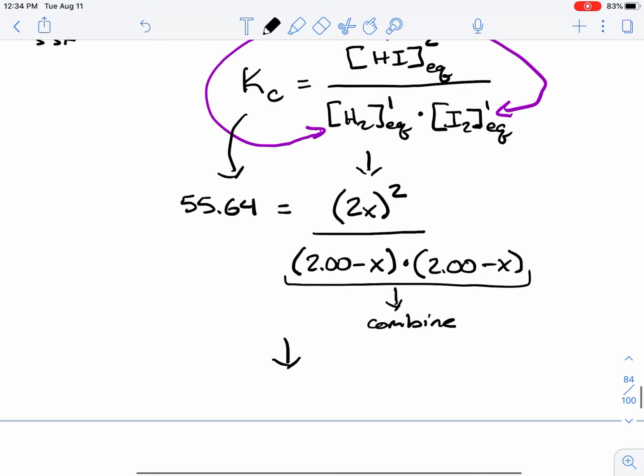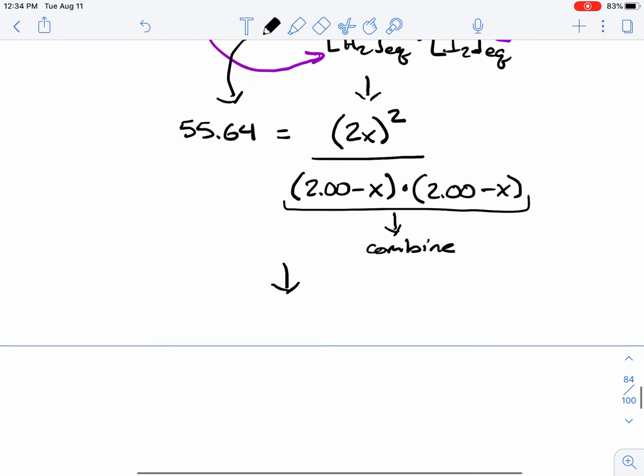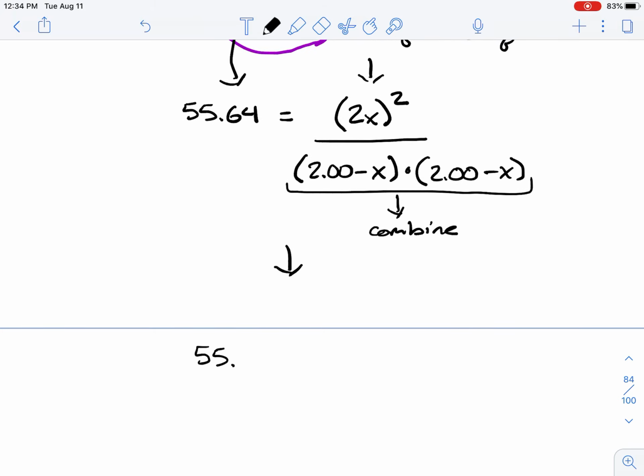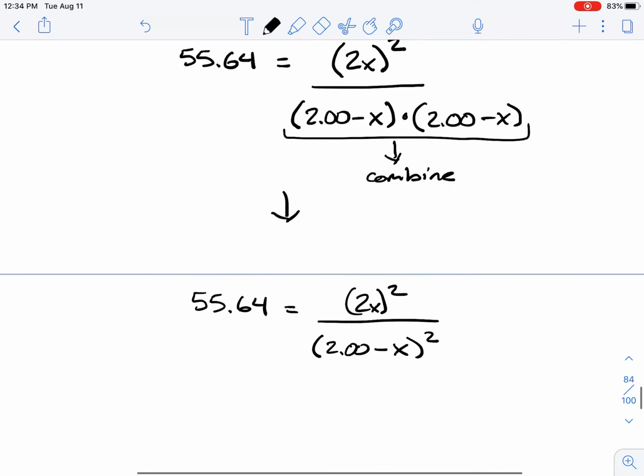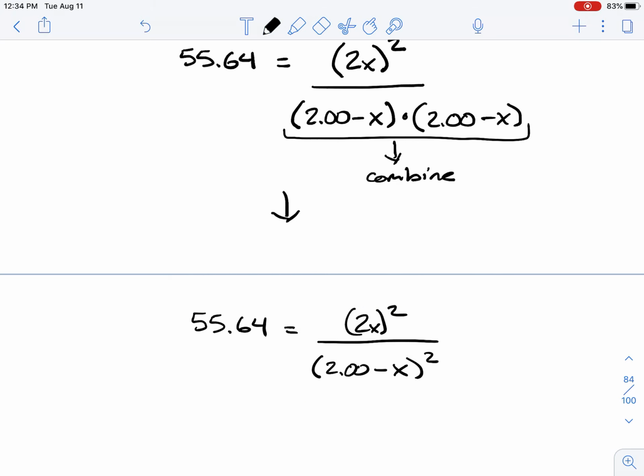And so the result of the combination of those two terms is simply going to be 55.64 equal to 2x squared over 2.00 minus x squared. It's being represented twice because they're being multiplied. So what we get is 2.00 minus x, and everything is squared. Let me move this down.